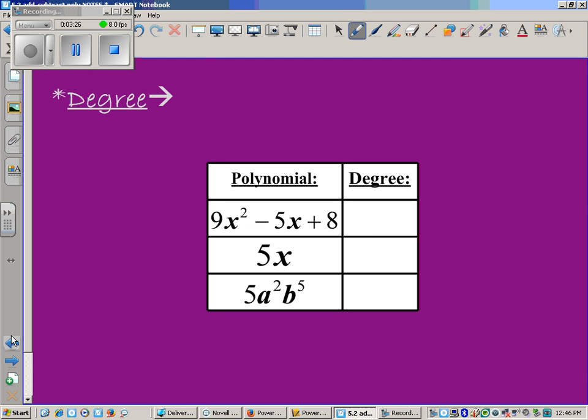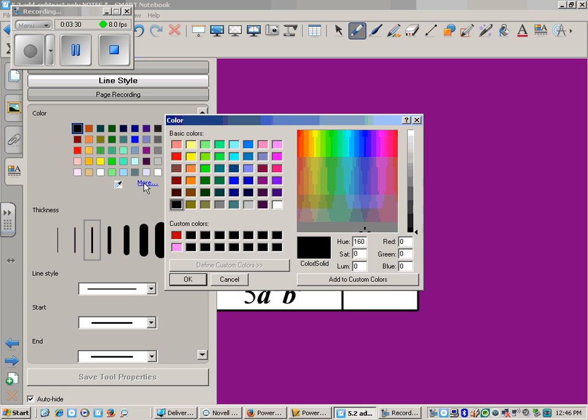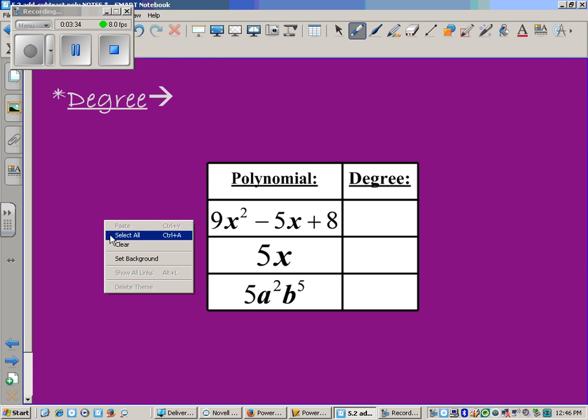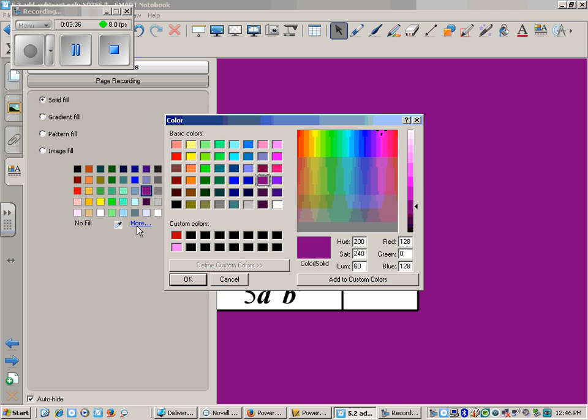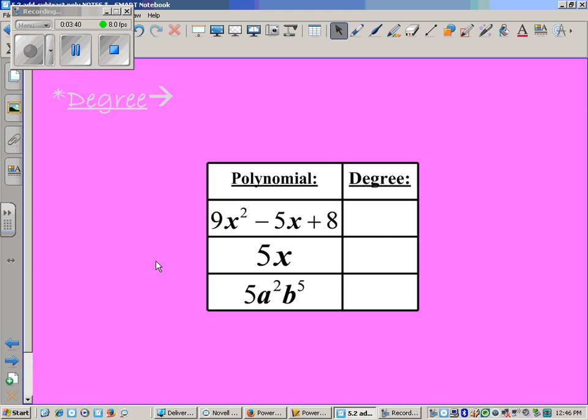Okay, the next thing we're going to talk about is degree. Okay, and what does degree mean? So if I ask you to give me the degree of a polynomial, the degree of a polynomial is the highest exponent.